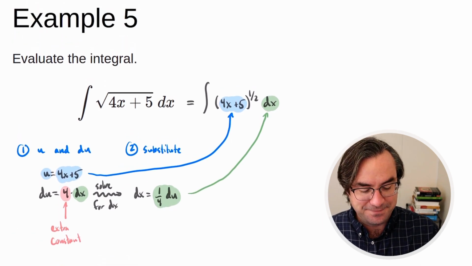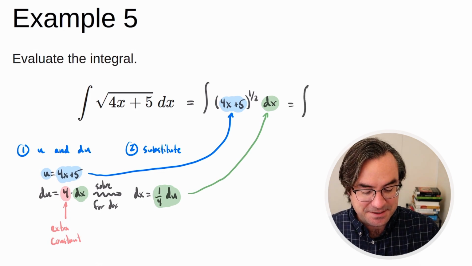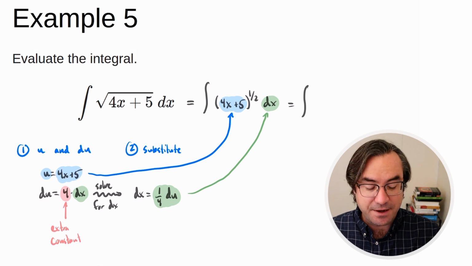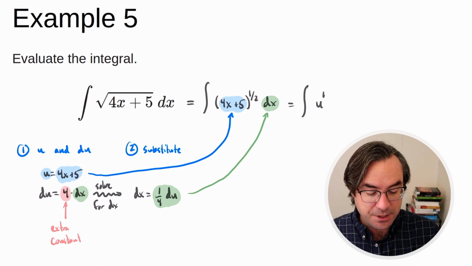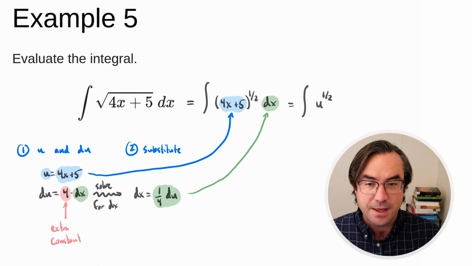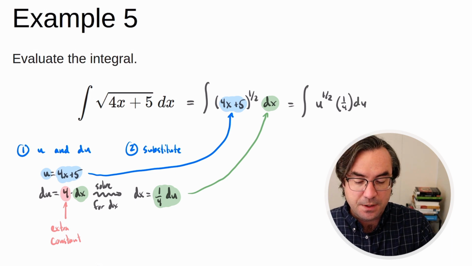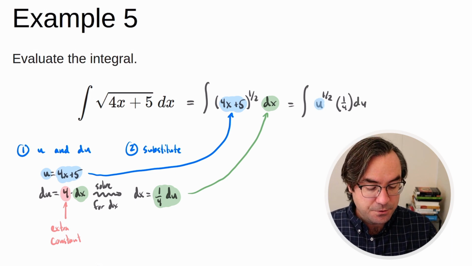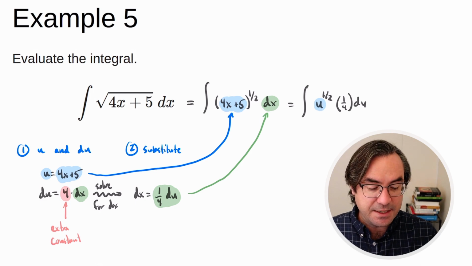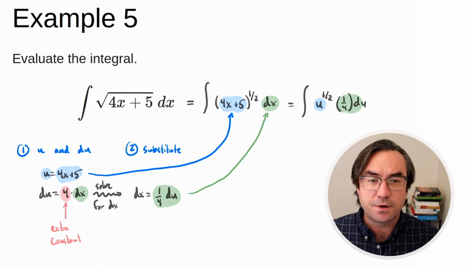That 4x plus 5 is going to become u, so it'll be u raised to the 1/2. And then that dx is going to be 1 over 4 times du. So the u term we've plugged in, and that dx, our differential, became 1 over 4 times du.